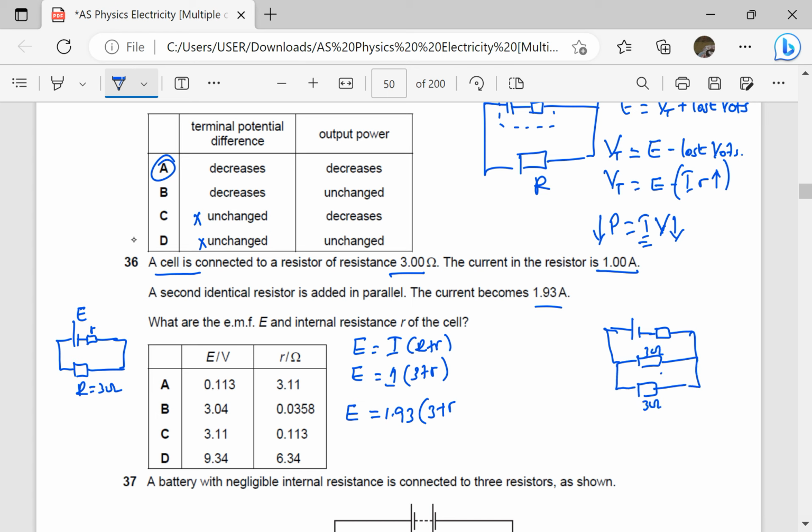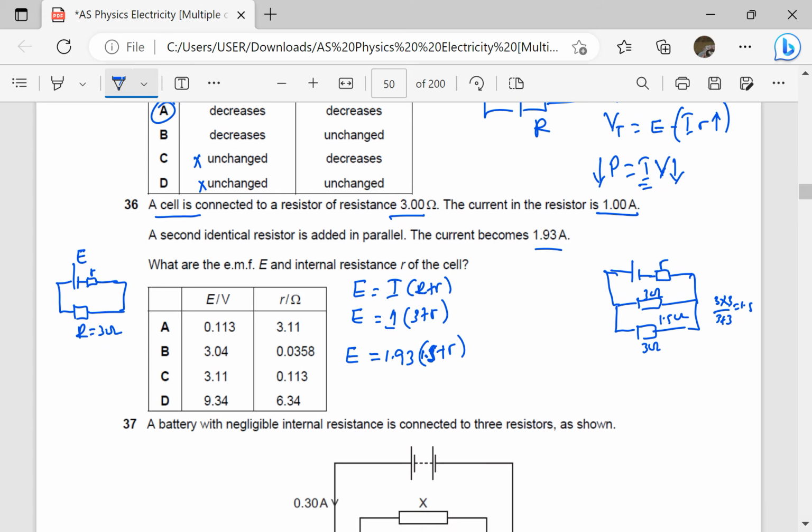The total here is going to be 1.5 ohms because they're in parallel: 3 times 3 over 3 plus 3 gives us 1.5 ohms. So the total resistance here is 1.5 plus small r. What remains is to solve these two equations to find small r.